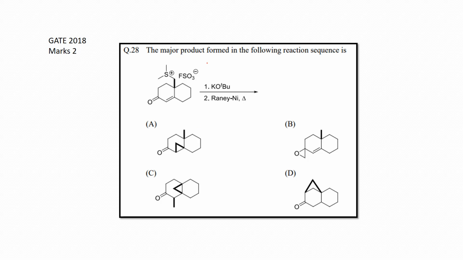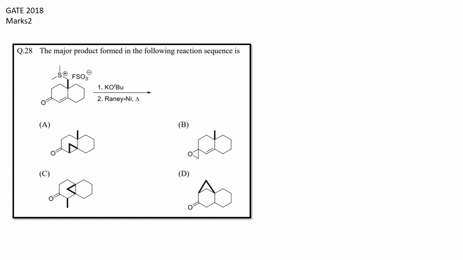The question is the major product formed in the following reaction sequence. So let's try. This base will deprotonate this center, forming this anion. We know this type of anion will attack the beta position.